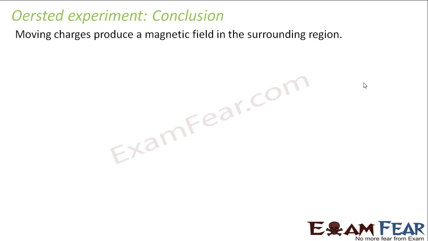So the conclusion of Oersted's experiment was that moving charges produce a magnetic field in the surrounding region. I hope you understood the analogy between electric field and magnetic field, like how you understand the concept of electric field in electrostatics, similarly you understand the concept of magnetic field in magnetism, right?